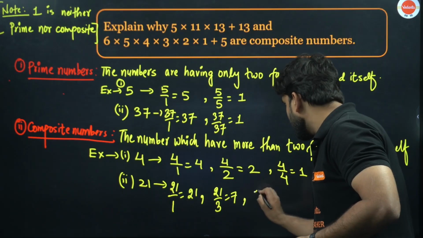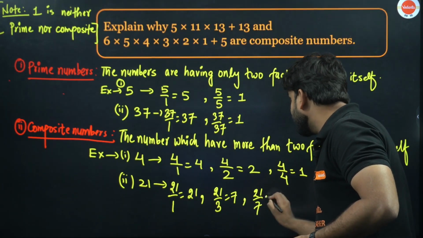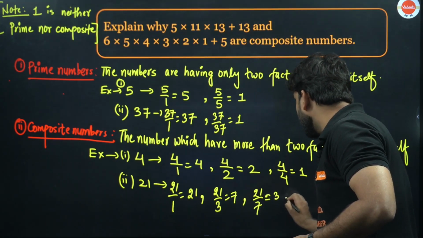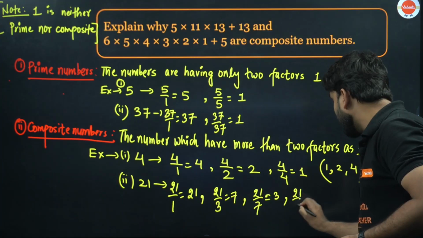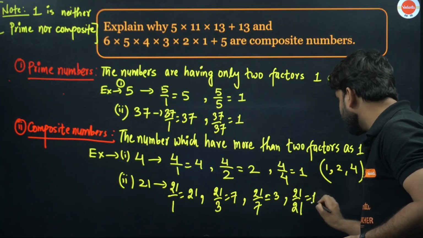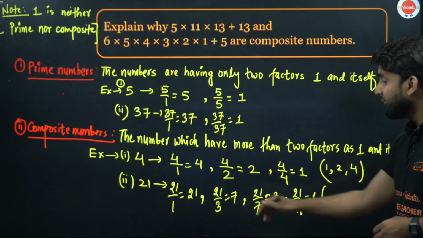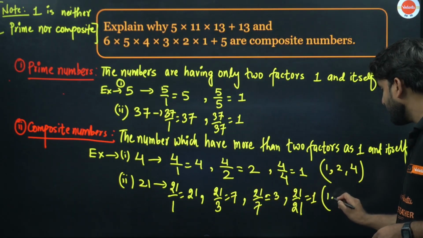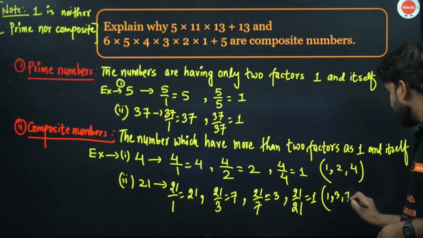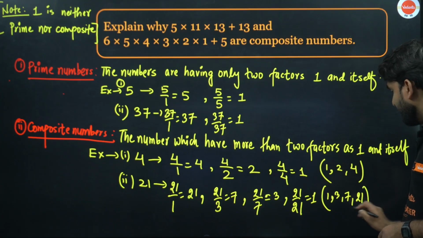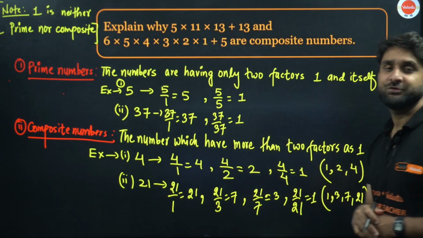Now 21 can be divided by 7 also, the result will be 3. Now 21 can be divided by 21 also, so the result will be 1. So 21 has 4 factors: 1, 3, 7 and 21. So this is called a composite number.